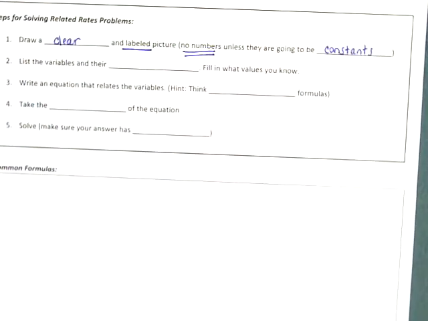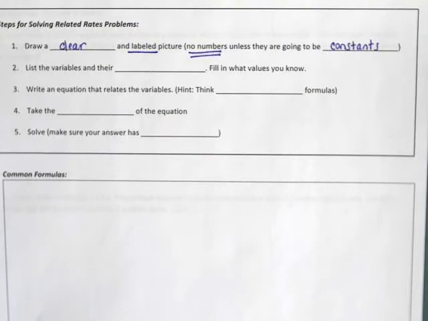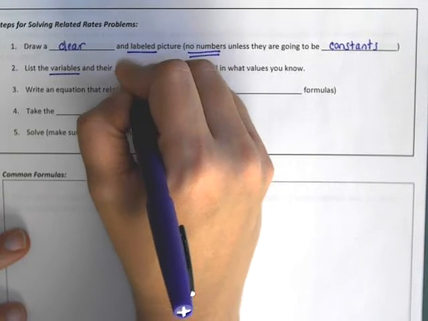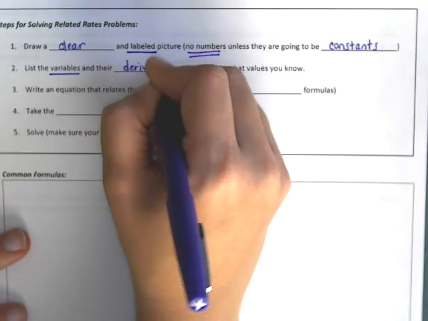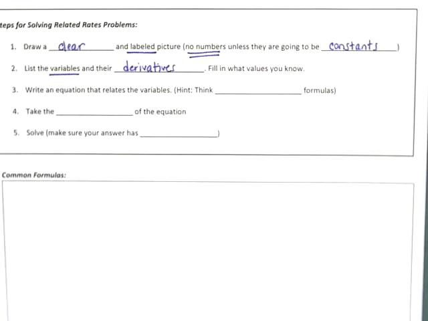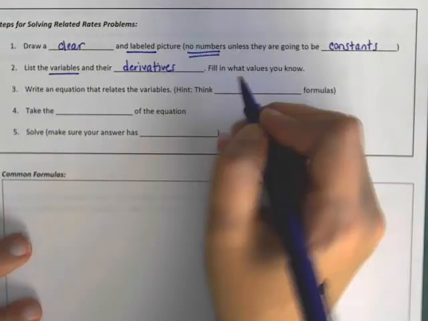Remember, in these problems, almost everything is changing over a certain time period, so there will be a lot of variables and not a lot of numbers in the picture. Then, next to the picture, we're going to list the variables and their derivatives. We're basically just going to say, hey, if we have all these variables, let's write them all down and let's fill in what we know so far.